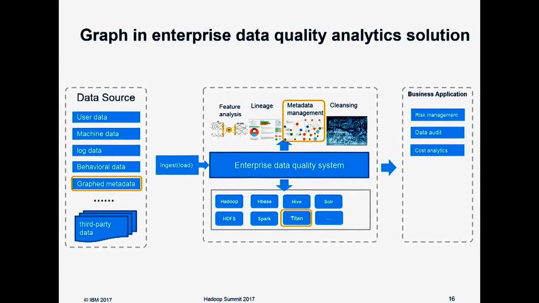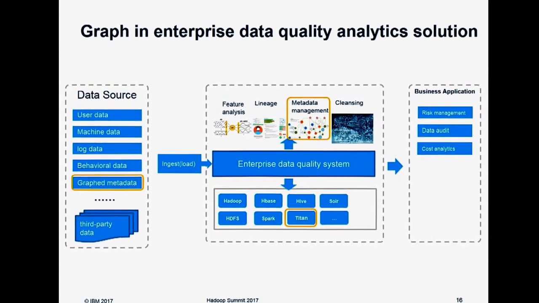Do remember that the metadata is stored and modeled as a graph and stored in the graph database, as Jun just described. And there's a lot of advantage of doing that. Jun has described why it's nice to store the metadata in the graph database, because of the modeling of the relationships.